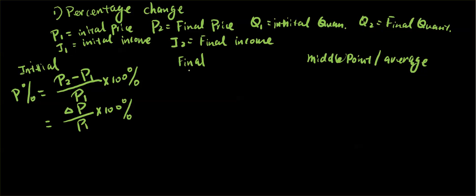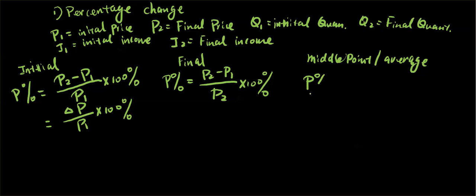How about if we use the final price as our denominator? It's equal to P2 minus P1 divided by P2, the final price, times 100%. You can see the denominator changed from P1 to P2. How about if we use a middle point as our denominator?